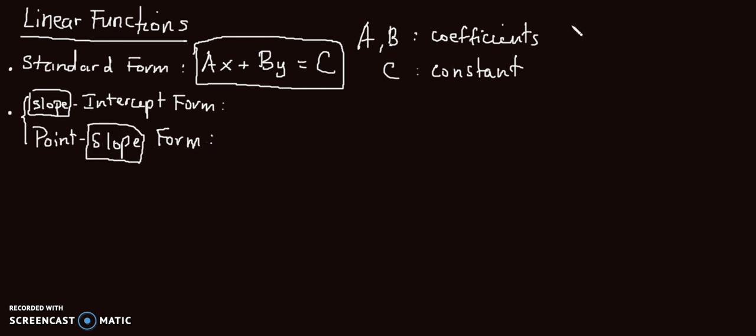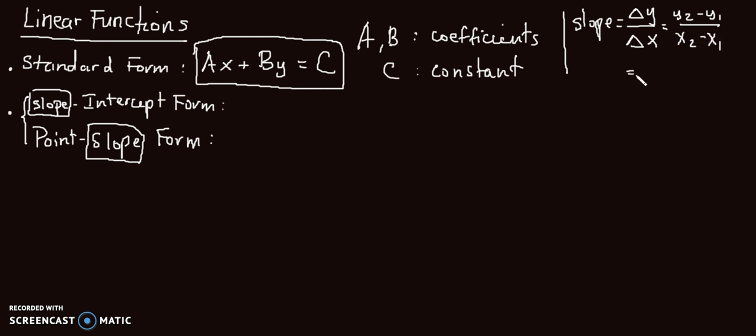Now, a reminder: what is a slope? Slope is defined as the ratio between the change in y to the change in x. So specifically, you have y2 minus y1 over x2 minus x1.